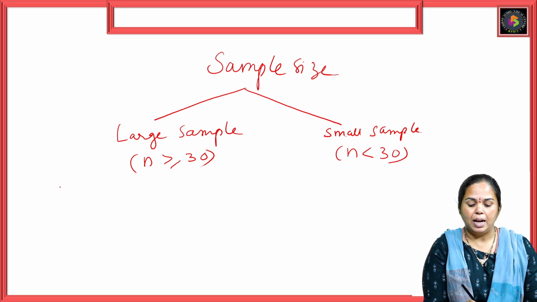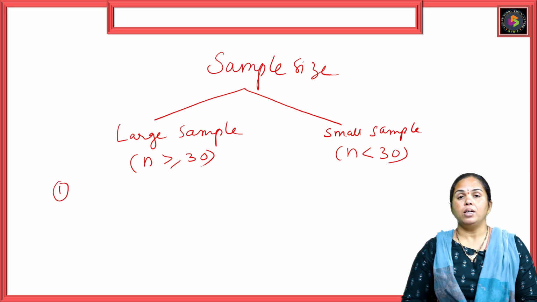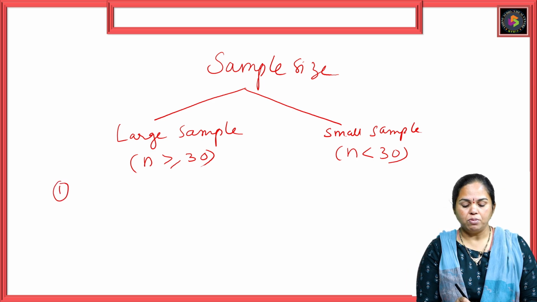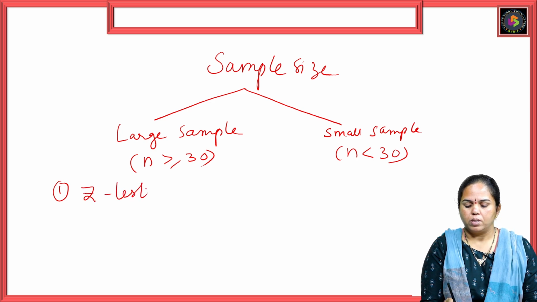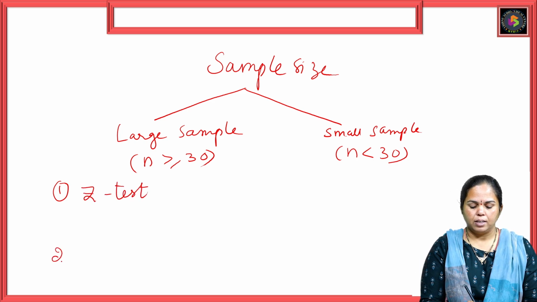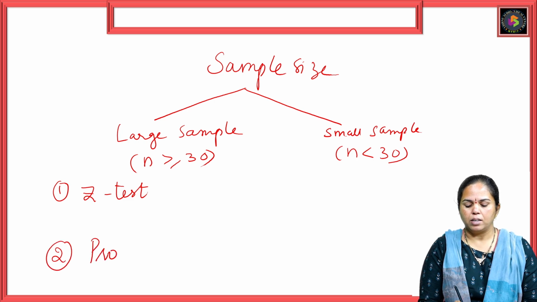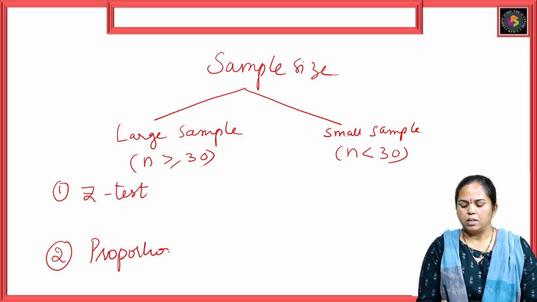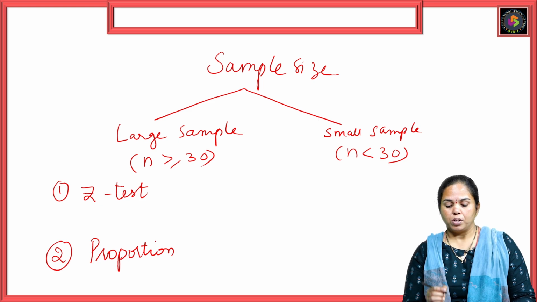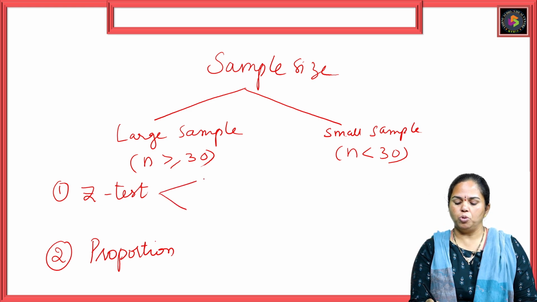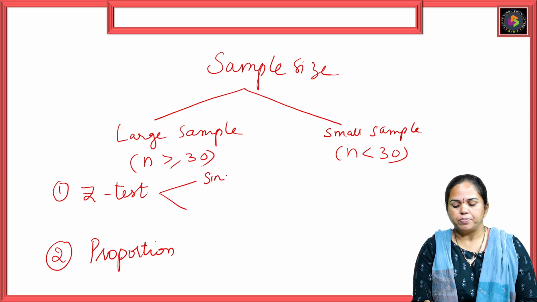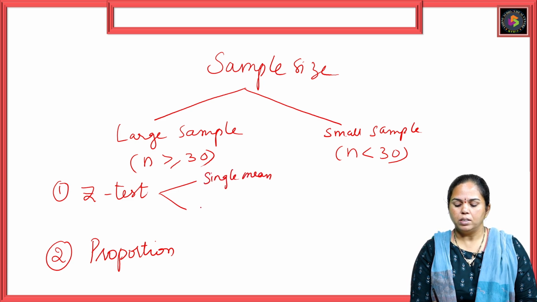The first one, large sample. In large sample, we have two tests: Z test and proportion test. Z test has two models, single mean and difference of means.